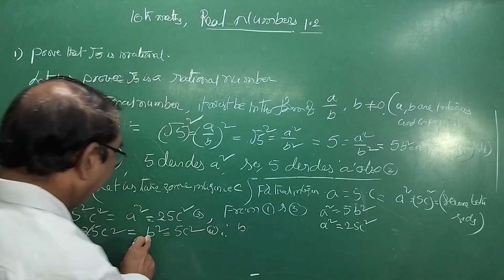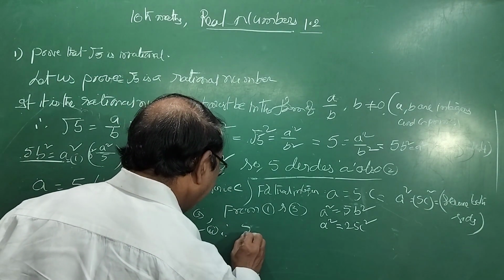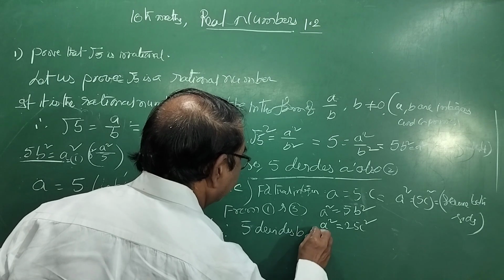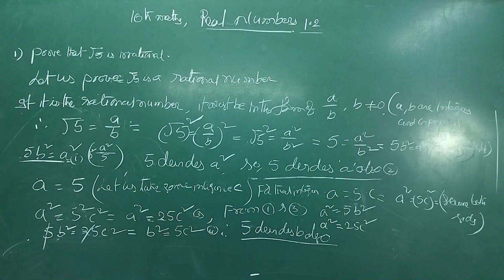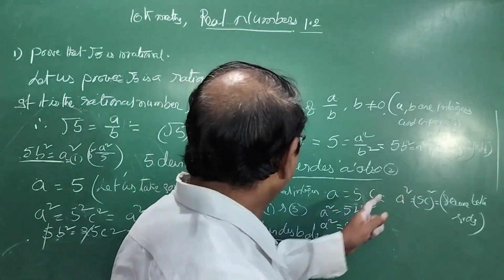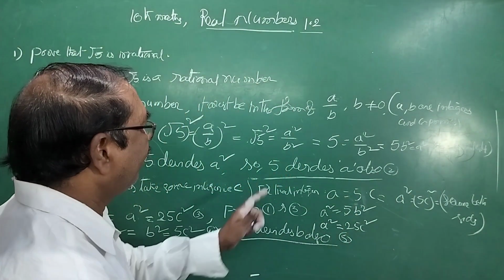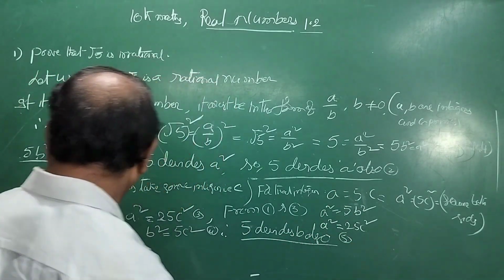Therefore, 5 divides b square means 5 divides b also. 5 divides a also, 5 divides b also.